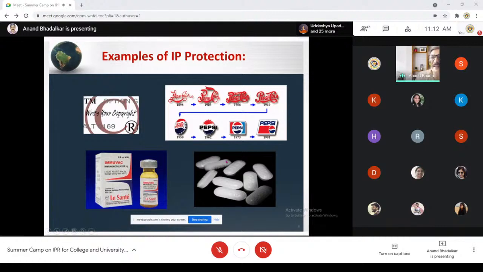Now here is an example of different types of, maybe designs, maybe patents, maybe trademarks, maybe copyrights. It is important that the innovator feels encouraged, right?